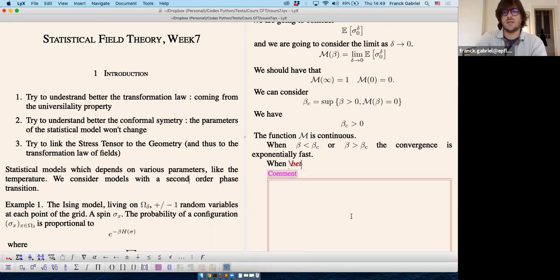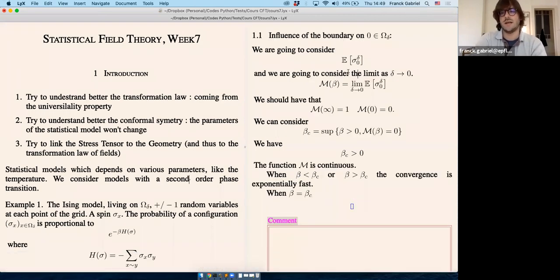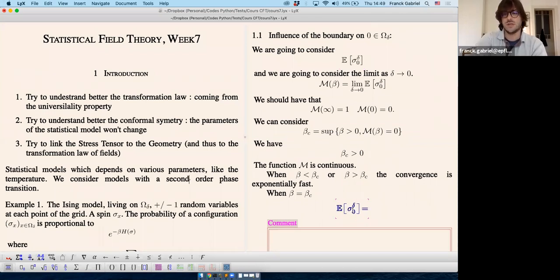Now, when beta is equal to beta C, the convergence is no more exponential, and we have the following fact: this is equal to a certain constant that we don't care about, times delta to the power 1/8.